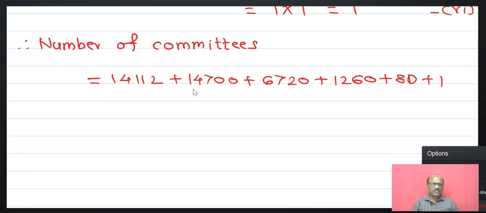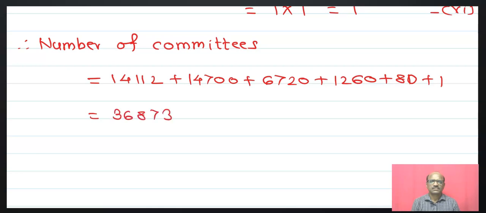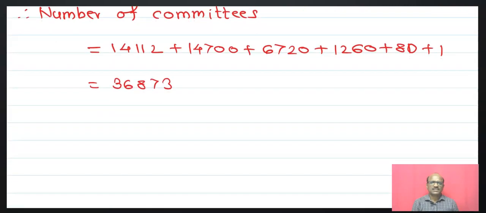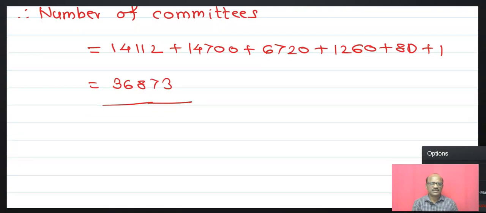Next is 14,700, 6,720 and 1,260, 80 plus 1, and all of this is equal to 36,873. This is the answer, 36,873.